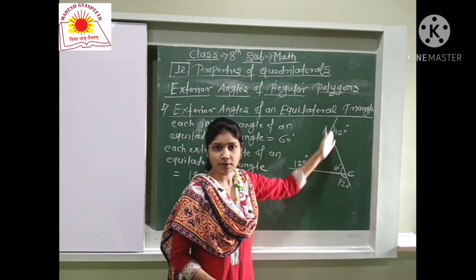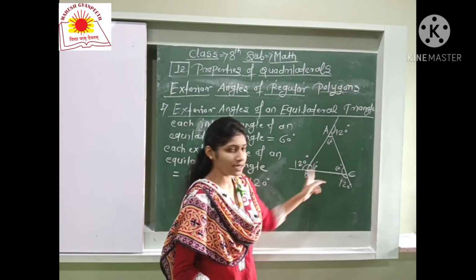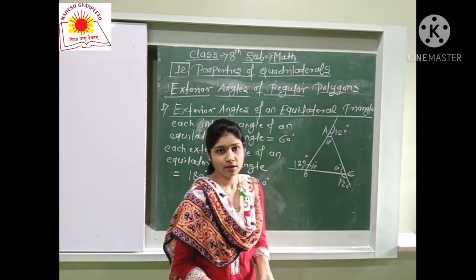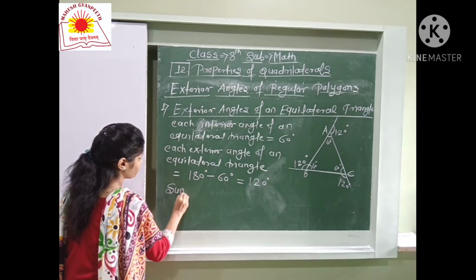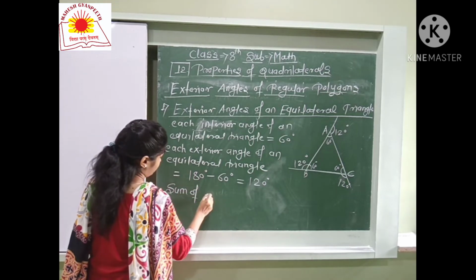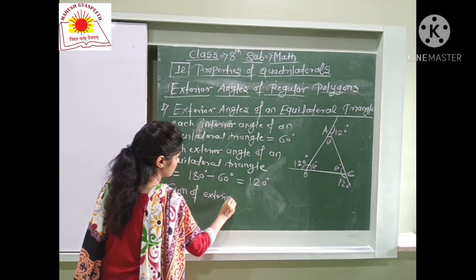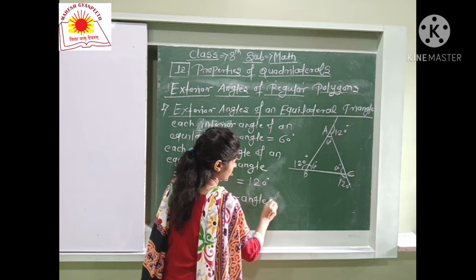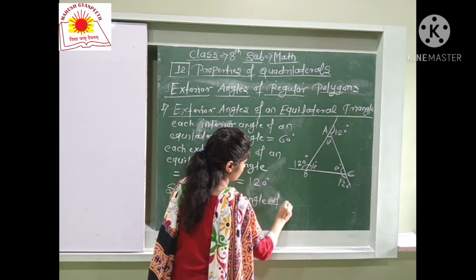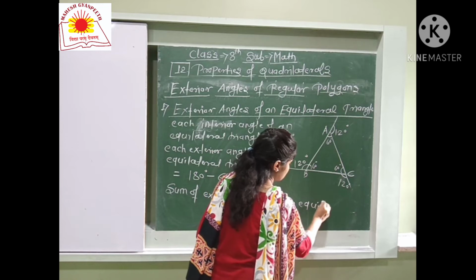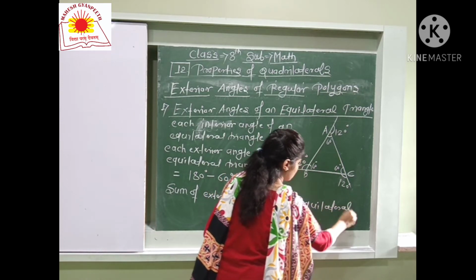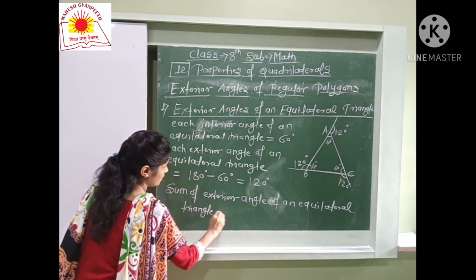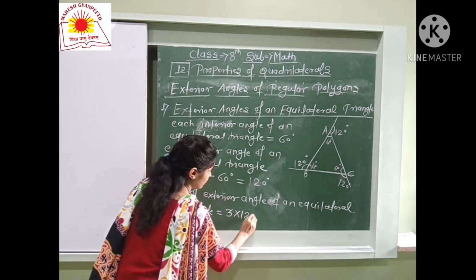We have to find the sum. What do we have to do to find the sum? How many angles are here? How many exterior angles? 3. So this 120 multiplied by 3, you will get the answer. Okay. So the sum of the exterior angles of an equilateral triangle is equal to 3 multiplied by 120 degrees.